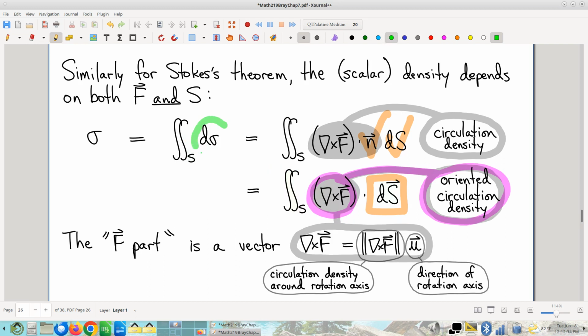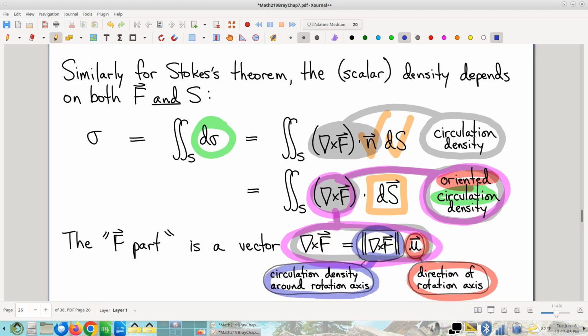Again, circulation, because that's the accumulating quantity in question, and oriented because it's pointing in a direction. It's pointing in a direction that is telling you in some sense what is the direction that this circulation is happening around. And its magnitude, I claim, is telling you in some sense how much circulation is happening in general, as opposed to around whatever axis you might be interested in.